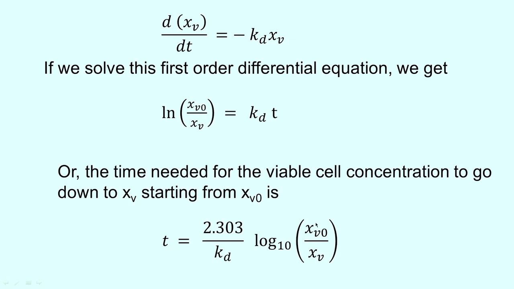Therefore, natural log of x v naught by x v is 2.303 log to the base 10 of x v naught by x v, and k d comes to the denominator here. Therefore, the time required for this decrease in viable cell concentration from x v naught to x v is 2.303 divided by k d, times log to the base 10 of x v naught by x v.